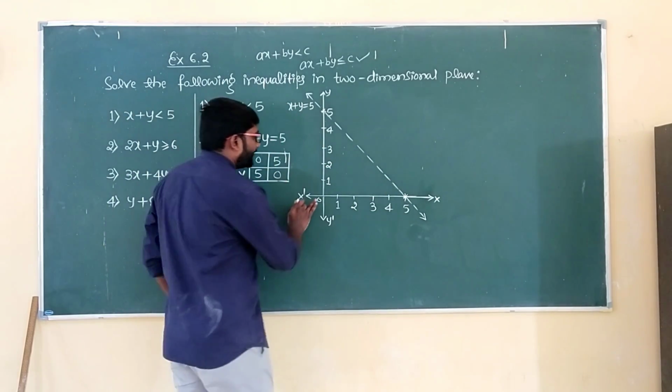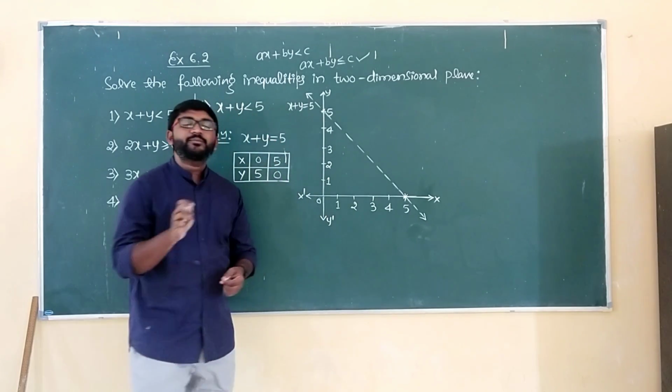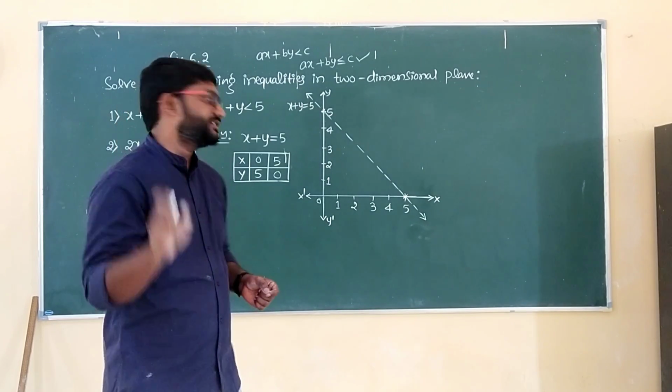Now we will have to go for the shading process. In order to go for the shading process, we have to consider a point 0, 0, that is the origin.